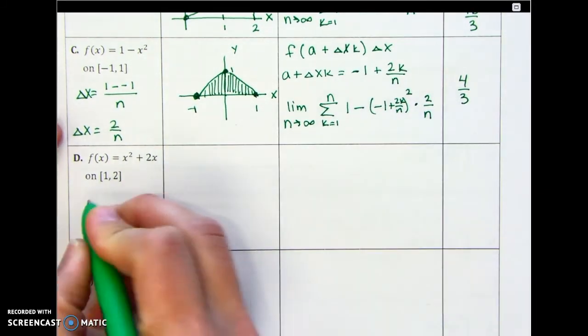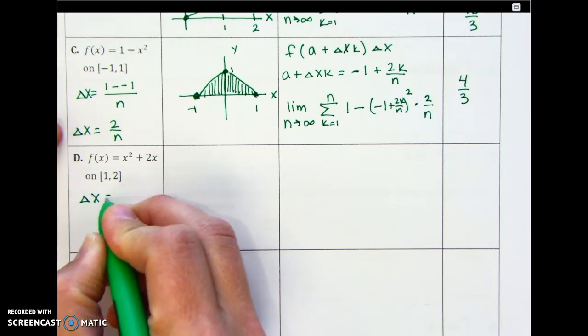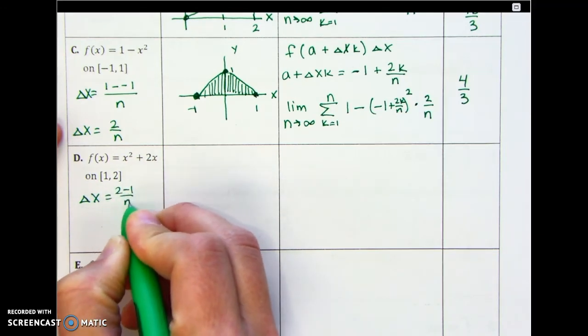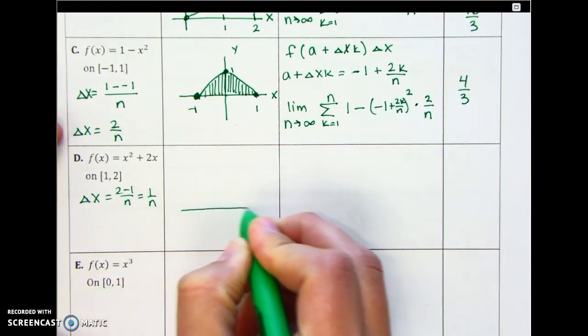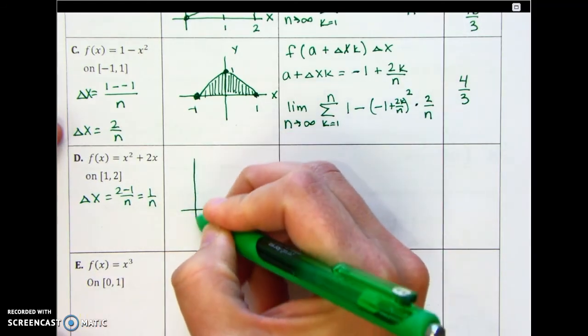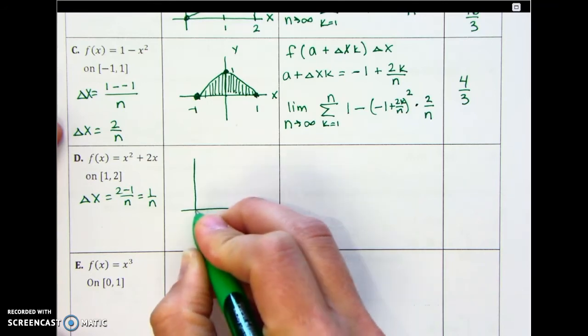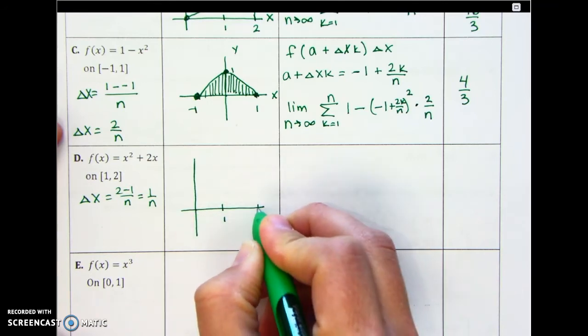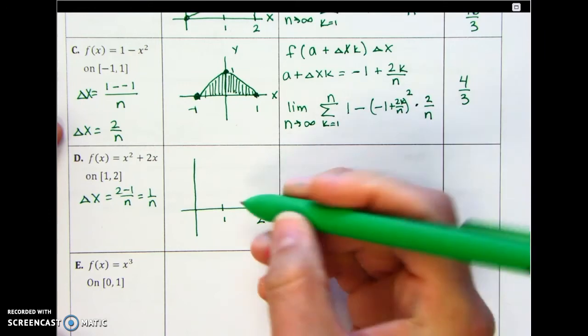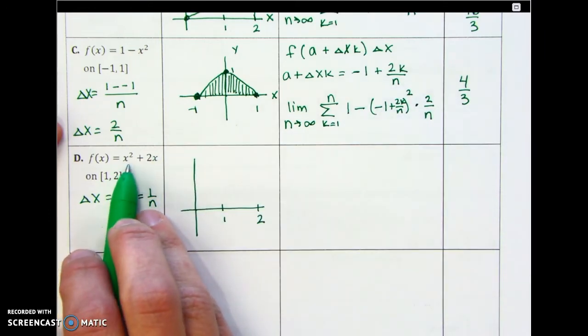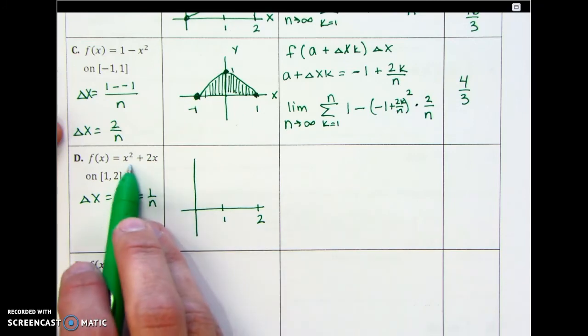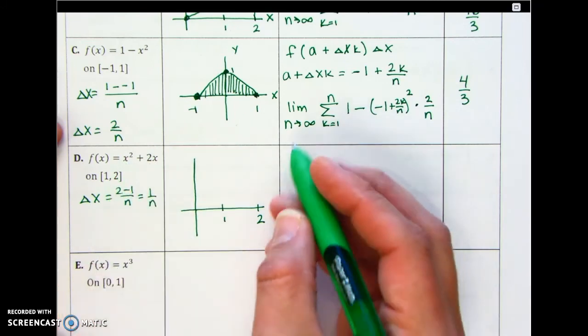Okay, another parabola. Change of x. Are you getting the hang of this? 2 minus 1 over n equals 1 over n. We're going to go from only 1 to 2. So I don't need the 0. So I need 1 to 2. And what's 1 plugged in? 1 would be 3, and what's 2 plugged in? 4 plus 4 is 8.